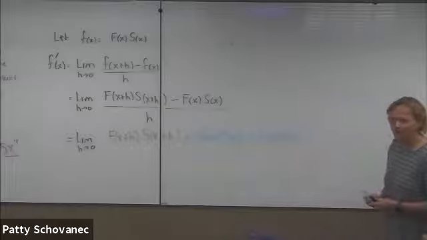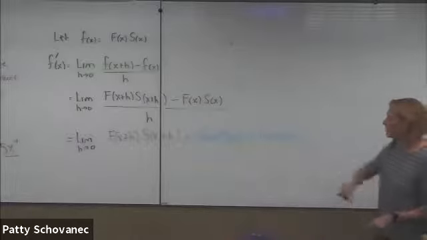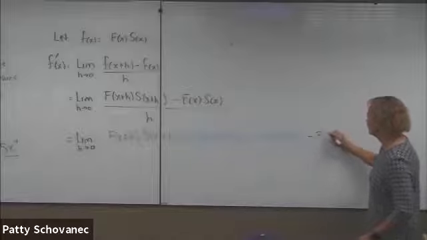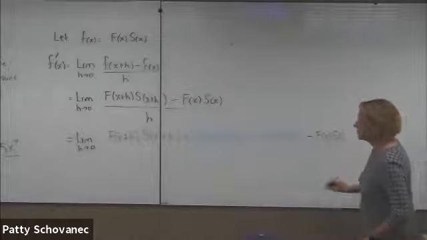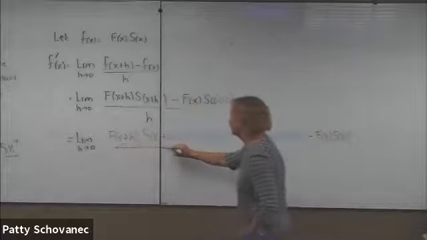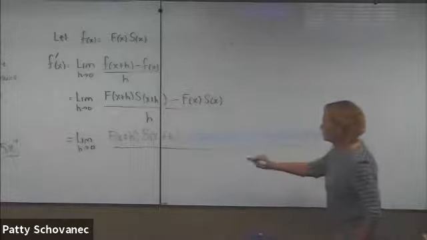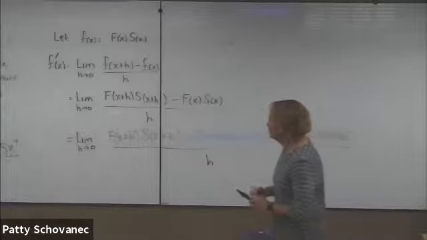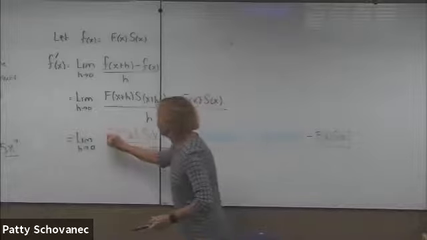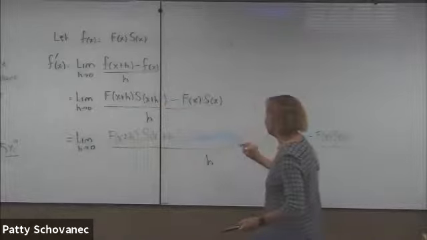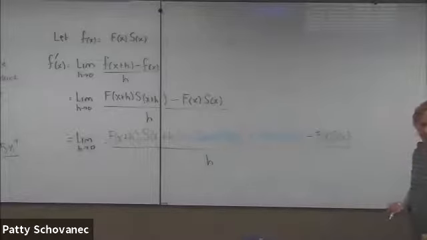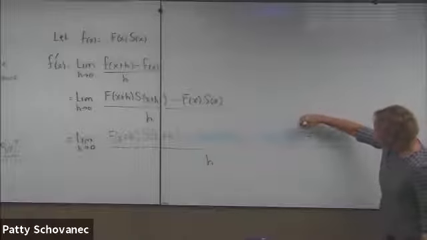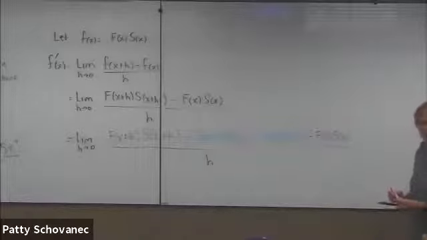So you agree that's going to be 0? And now I'm going to put this on the end. And then I'm going to divide by h. Which shows this configuration, because I'm going to group these two together. And I'm going to pull out the common factor of f of x plus h. I'm going to group the remaining two together. And I'm going to pull out the common factor of s of x.